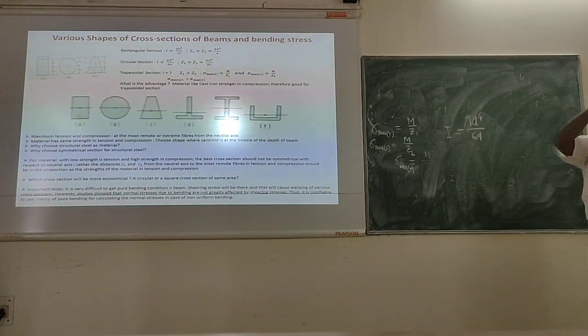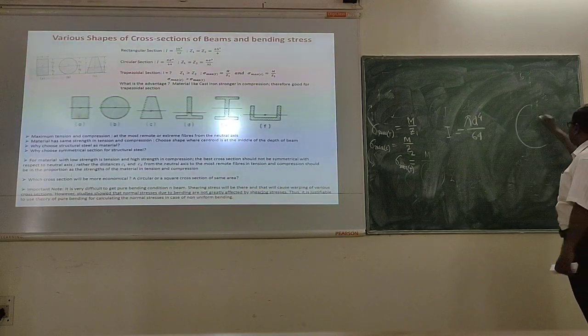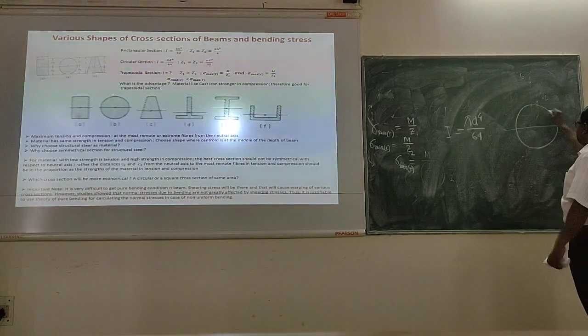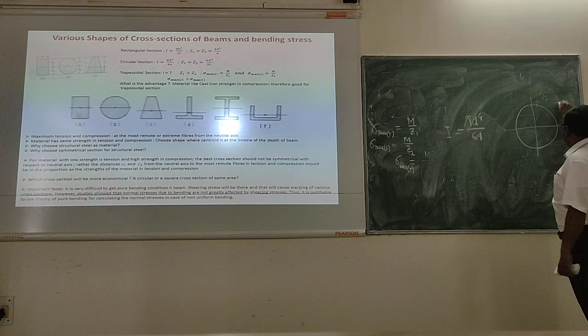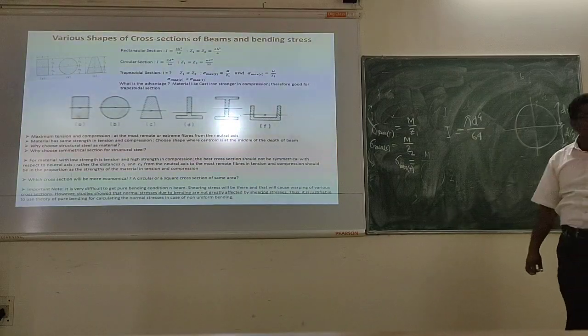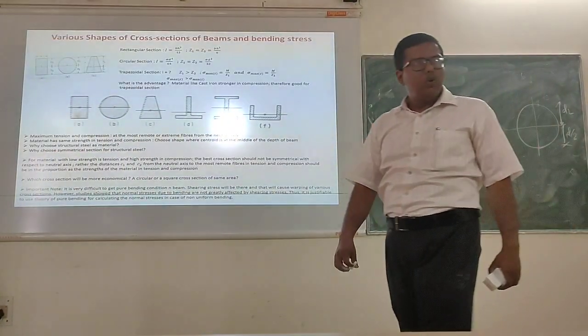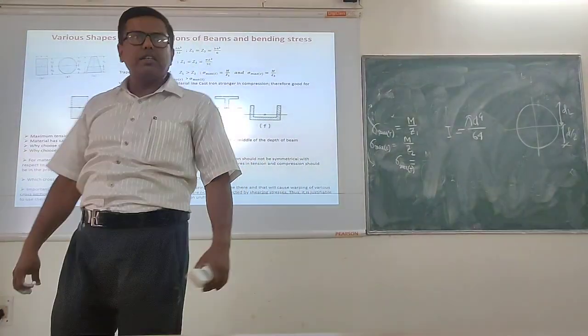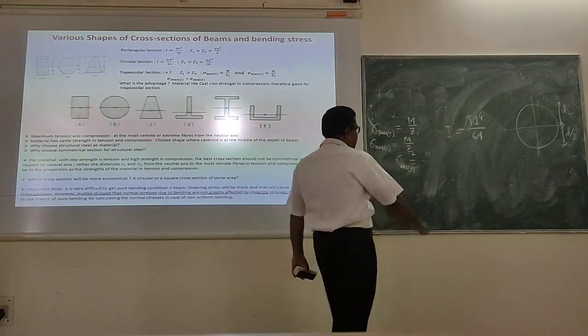Now, what will be C1, C2 in case of circular section? If it is a circular section, this one will be d by 2, this one will be d by 2. So C1 will be equal to C2, equal to d by 2. So what is the section modulus for circular section?